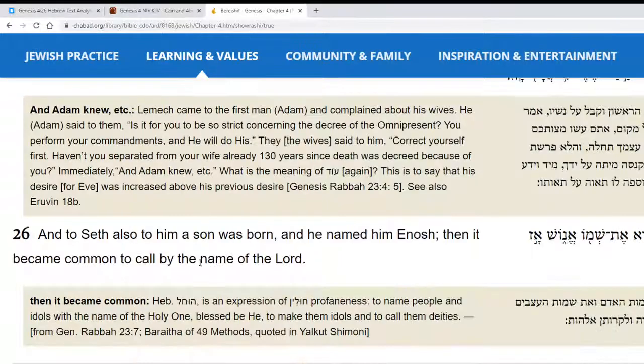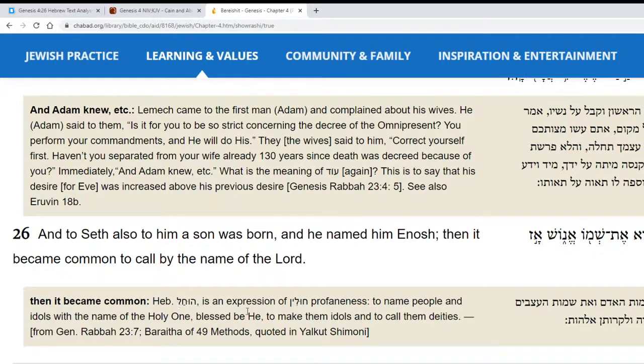So let's see what verse 26 says: and to Seth also, to him a son was born, right? Yulad, yeah. And he named him Enosh, right? Then it became common to call by the name of the Lord. And I'm going to read the Rashi here because I want to understand.